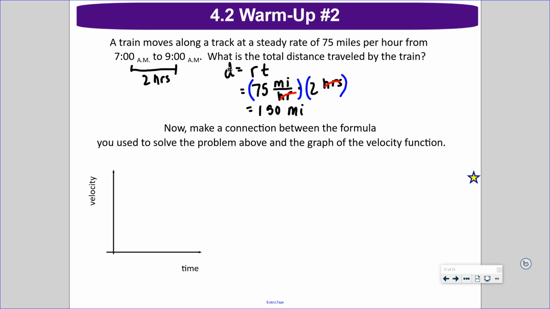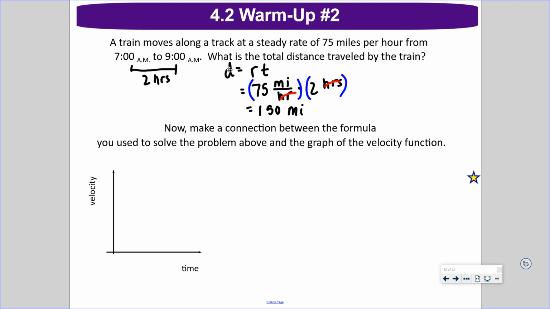The first thing I want you to do is draw me a velocity and time graph representing this train. As your time increases, remember, velocity, speed, what would the velocity graph look like? How would you graph its speed? Oh, that's beautiful.